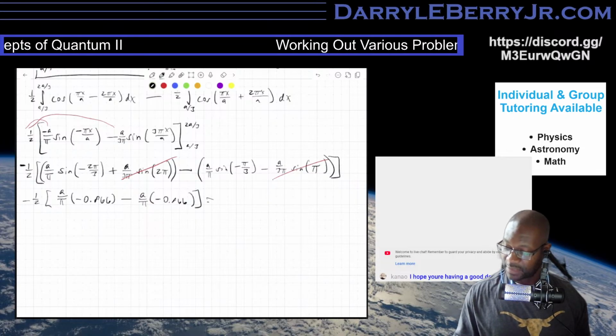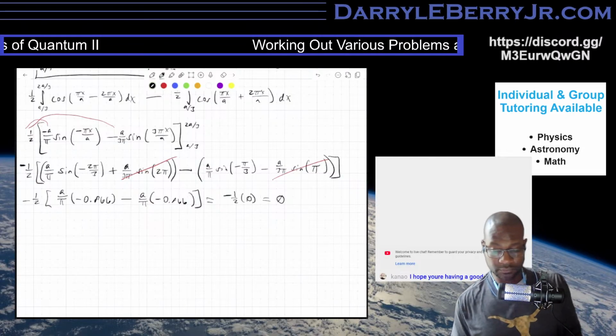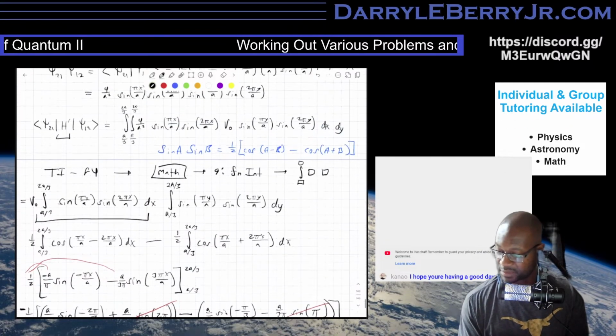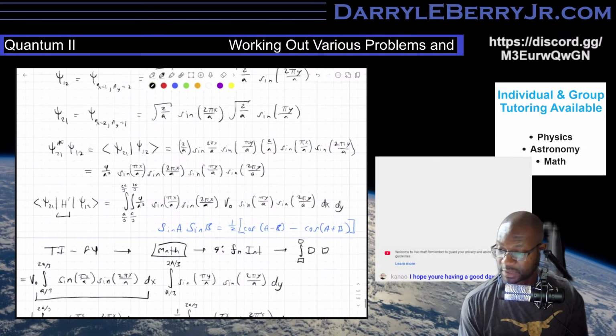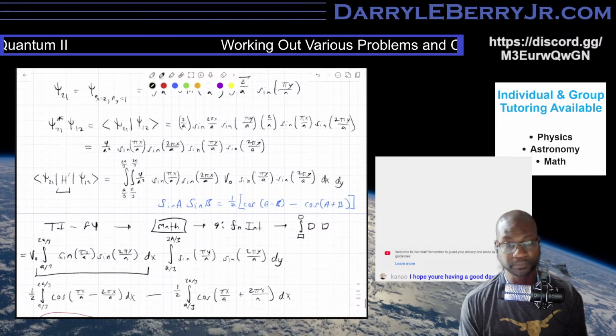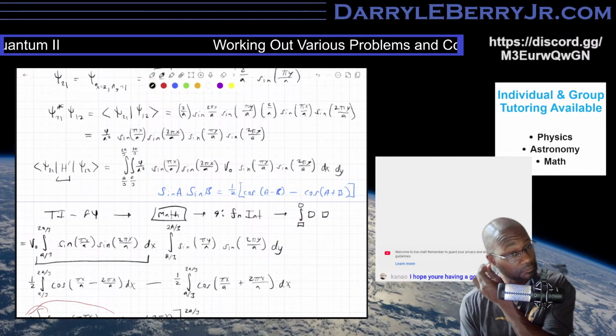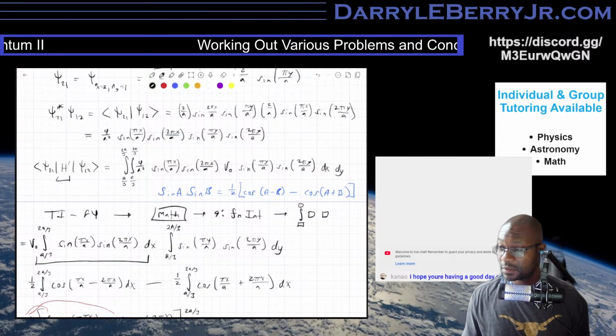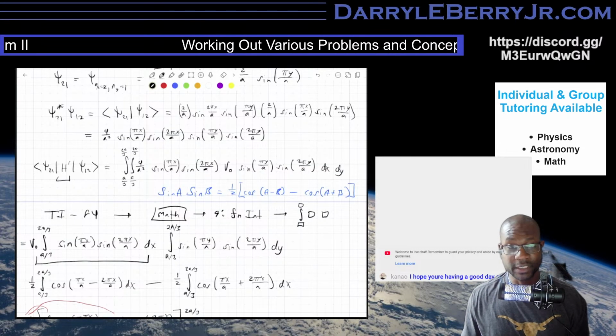And that does in fact equal -1/2 times 0, which is 0. And of course, we know the other one is going to be the same because it's the same integral. Now I'll bookmark this where I found the way to do that.